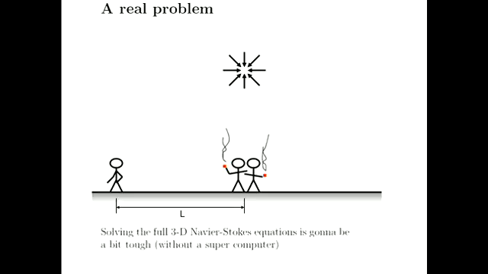So we could obviously solve the full 3D Navier-Stokes equations with appropriate boundary conditions, but what I'm telling you is that that's going to be expensive, and I also think in this instance it's overkill because we can get almost the same result with a very, very simple pen and paper calculation, which is what we're going to be heading towards.